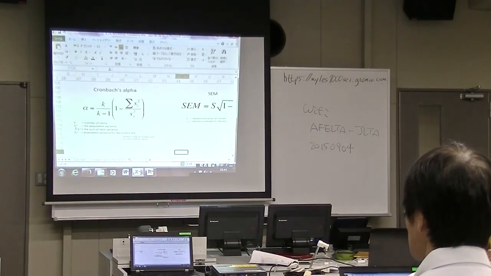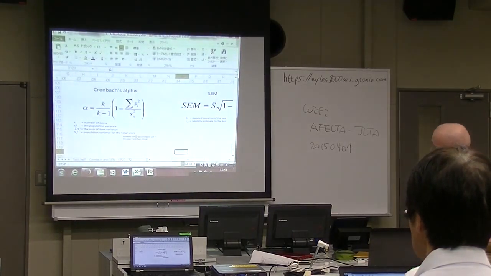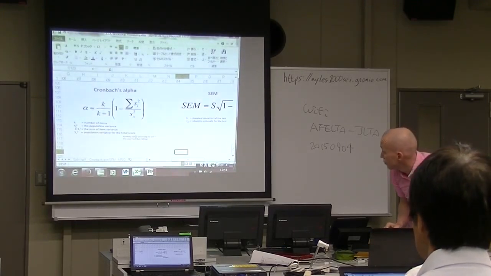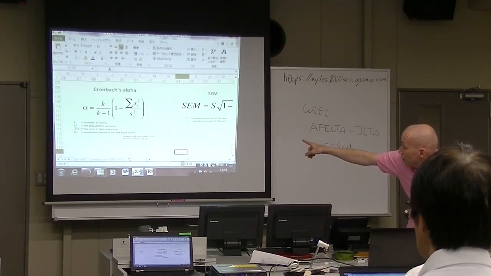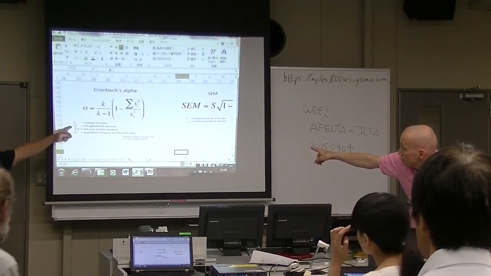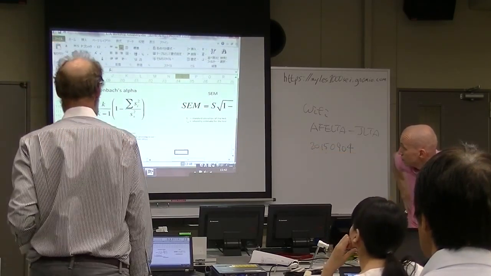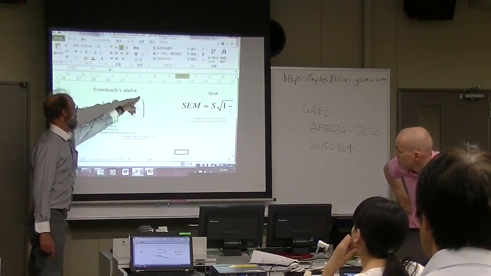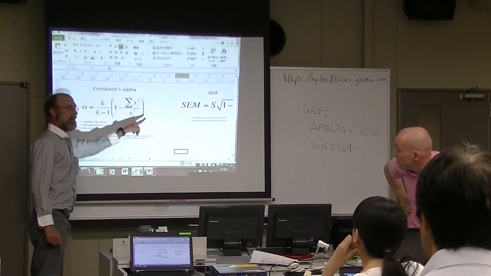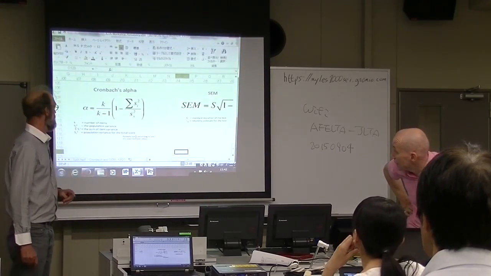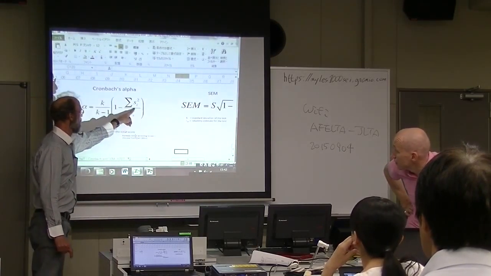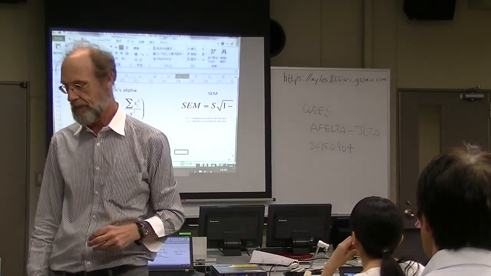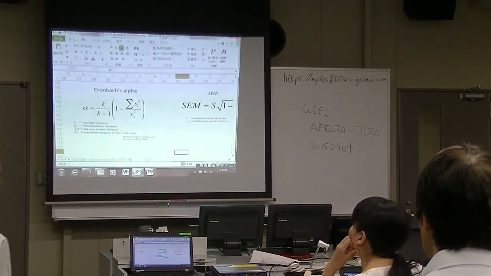I just think that under K, the S1 squared should be item variance. The label should be item variance for each item. I think population is the wrong word. I think this should be item variance because it's this. That would make more sense, wouldn't it? Population variance is here. The population variance of each item.